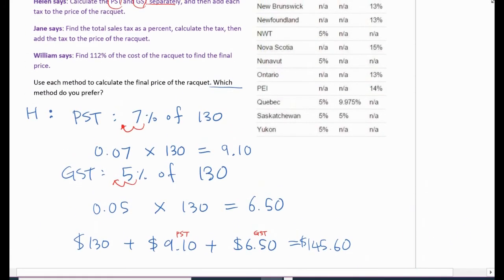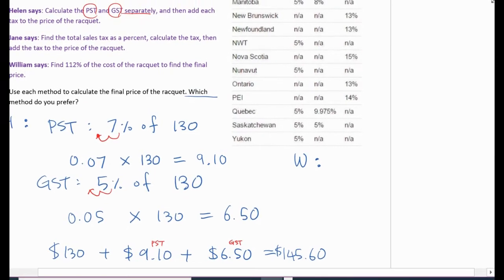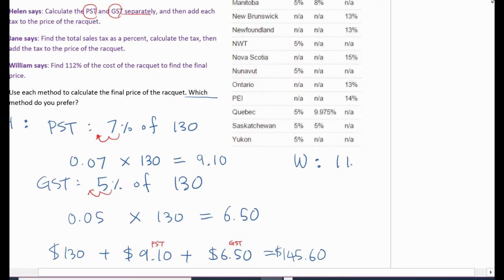And finally, let's use William's method. William says find 112% of 130. Everyone, how did you get 112%? This is basically because with sales tax, you pay more money, right? So from 100%, you add PST and GST.